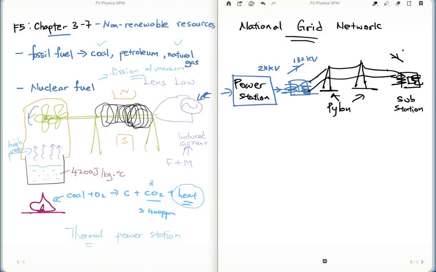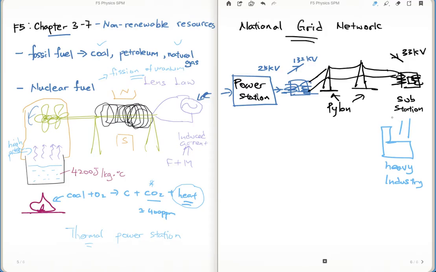The first one is 33 kilovolts, and you will channel this to be used by heavy industry. In heavy industry, like making cars and lorries, they use 33 kilovolts.